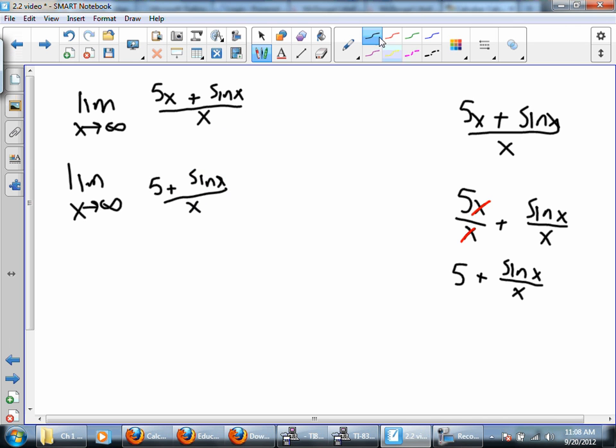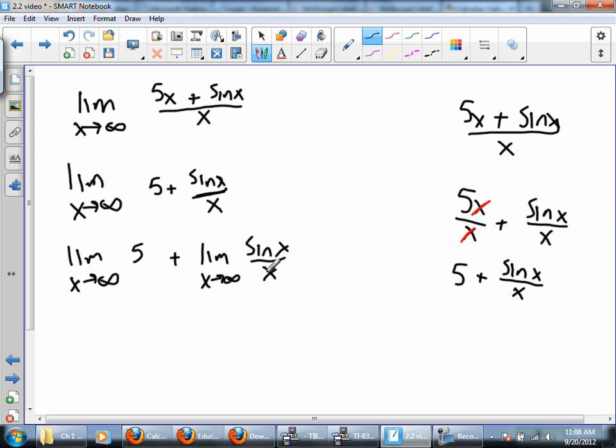Using these properties, we can rewrite this as the limit as x approaches infinity of 5 plus the limit as x approaches infinity of sine of x over x.